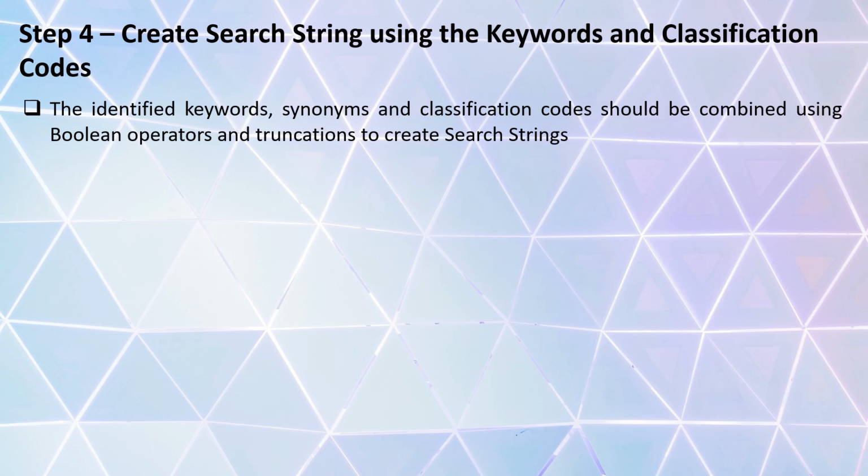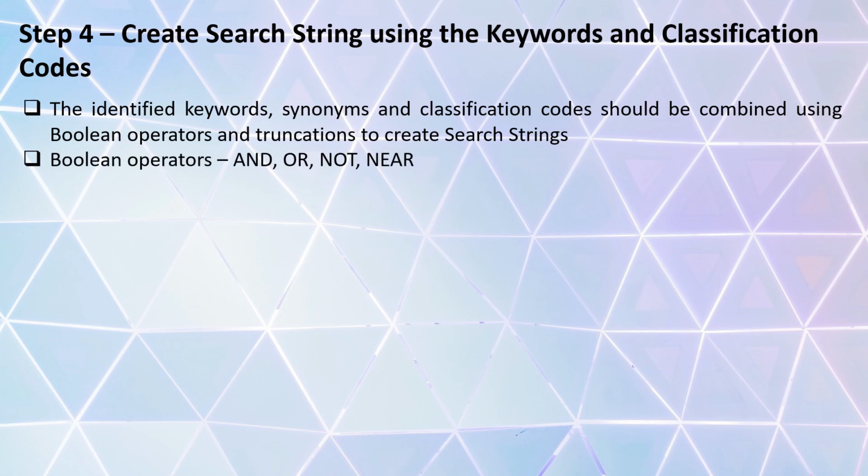They are a combination of the keywords, their synonyms, and the classification codes. This combination is done with the help of Boolean operators as well as truncations, also known as wildcards. All these terms and classification codes are combined to form a string, which is then applied on a patent database.